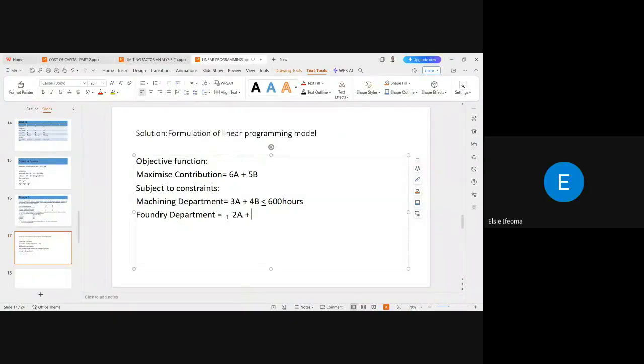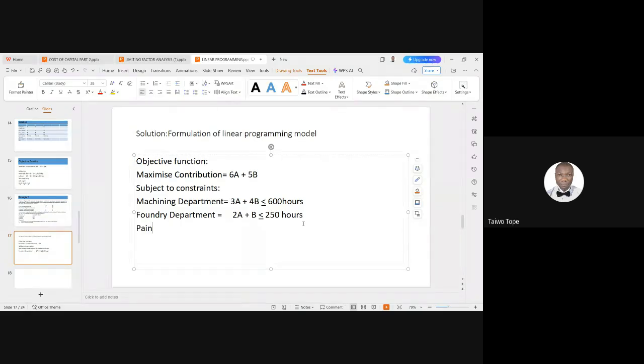Plus 1B. There's an invisible 1 behind B, so you can just write B. It's the same thing as 1B. So it will be less than or equal to what? 250 hours.